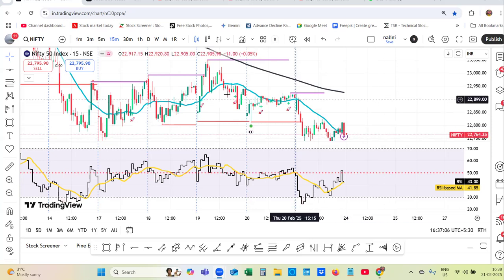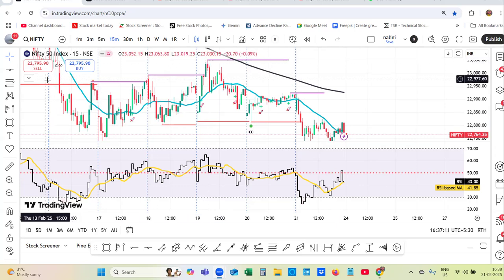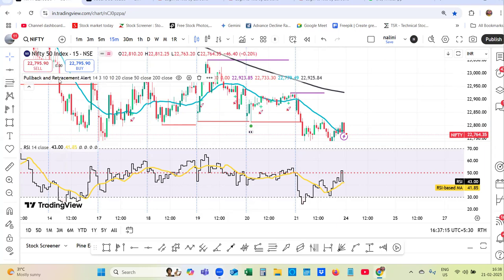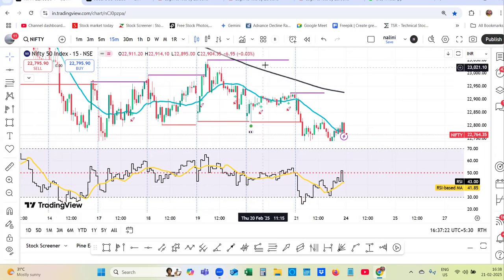See here, this was the resistance area. I have already explained in my video about this indicator, pullback and retracement alert. It automatically plots resistance zones. This violet color is the resistance, and it had already plotted a resistance zone over here today. So when the market opened gap down and started trading here, it got resistance over here.